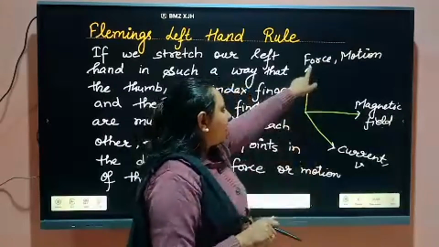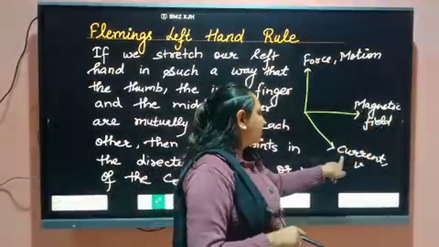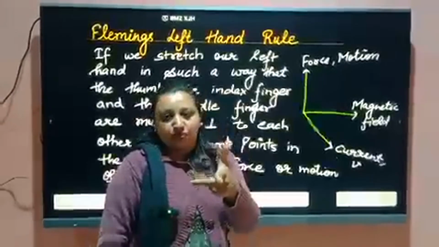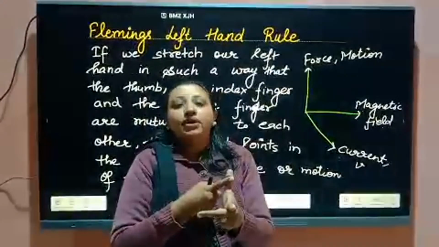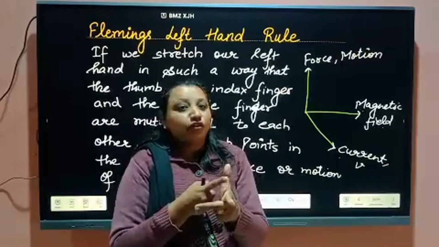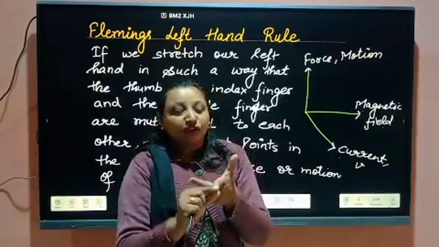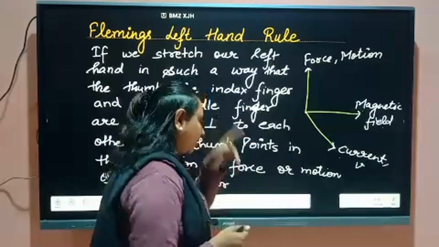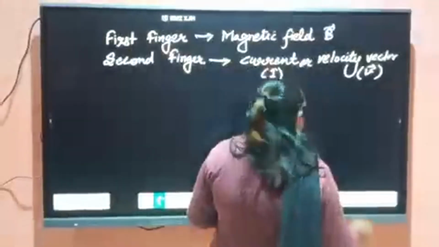So F means force, M magnetic field and C current, the child. So with Father, Mother, Child we can remember Fleming's left hand rule. If we stretch our left hand this way so that they are mutually perpendicular to each other, then the thumb points in the direction of force or motion of the conductor, this finger the magnetic field, and this finger the direction of current. So how can we use it?